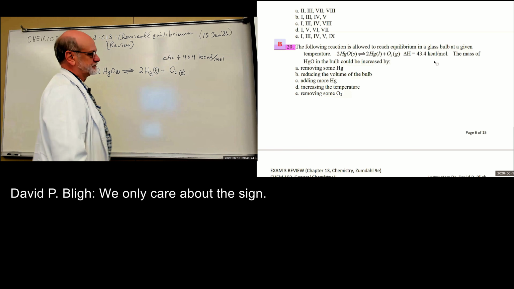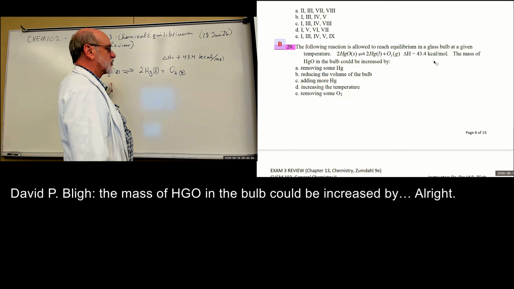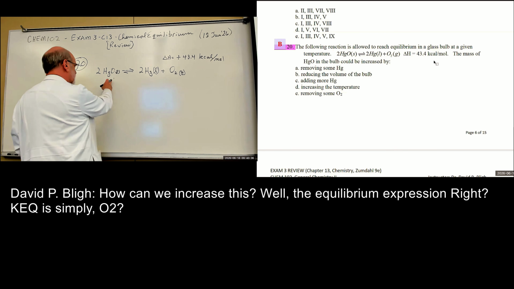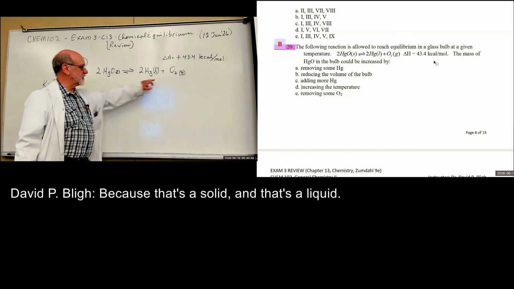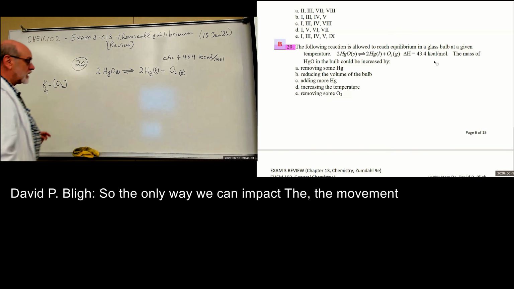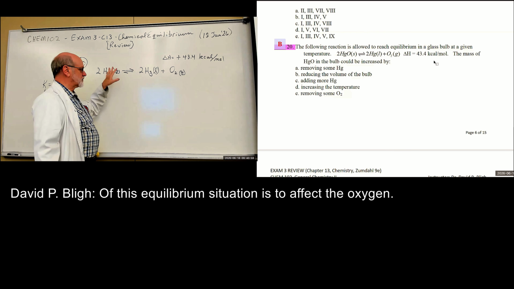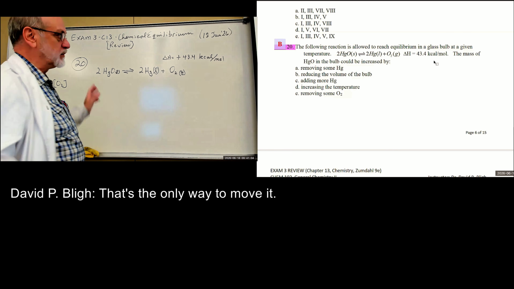We only care about the sign. The mass of HgO in the bulb could be increased by... All right. How can we increase this? Well, the equilibrium expression, Keq, is simply O2, because the other two are a solid and a liquid. So the only way we can impact the movement of this equilibrium situation is to affect the oxygen. That's the only way to move it.